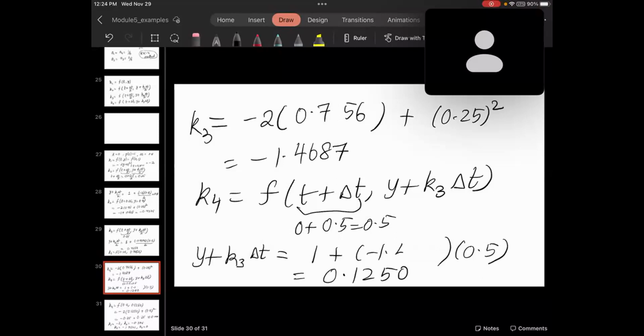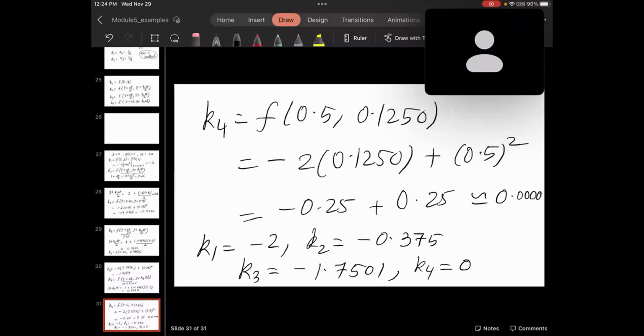So that's 1 minus 1.4687 times 0.5, which is 0.2657. So that's y plus K3 times delta t.